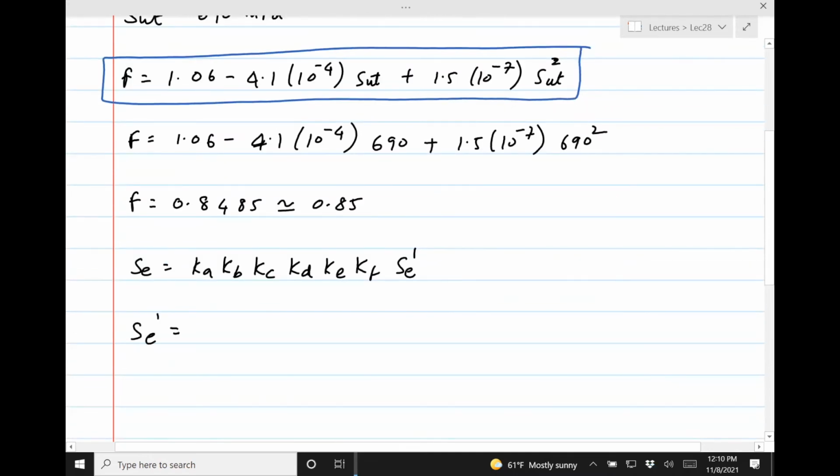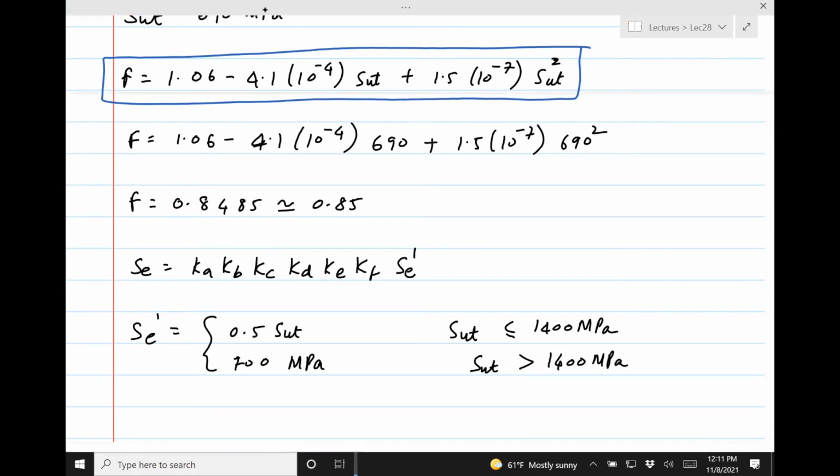The formula for SE prime in SI units is 0.5 SUT if SUT is less than 1400 MPa, and it is simply 700 MPa if SUT is greater than 1400 MPa.